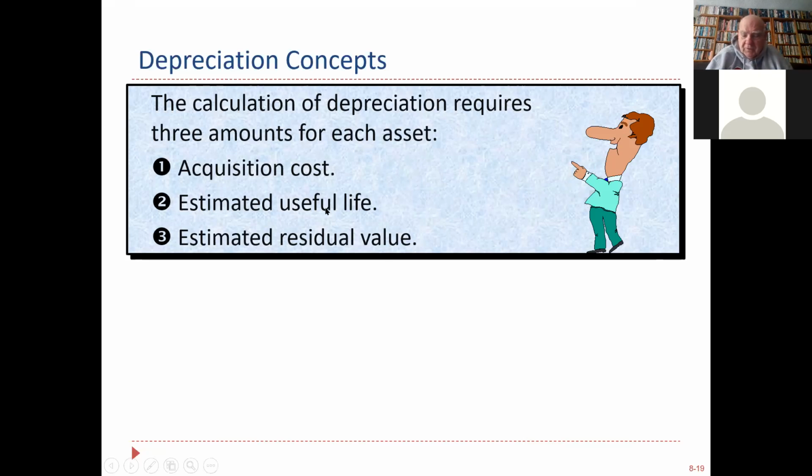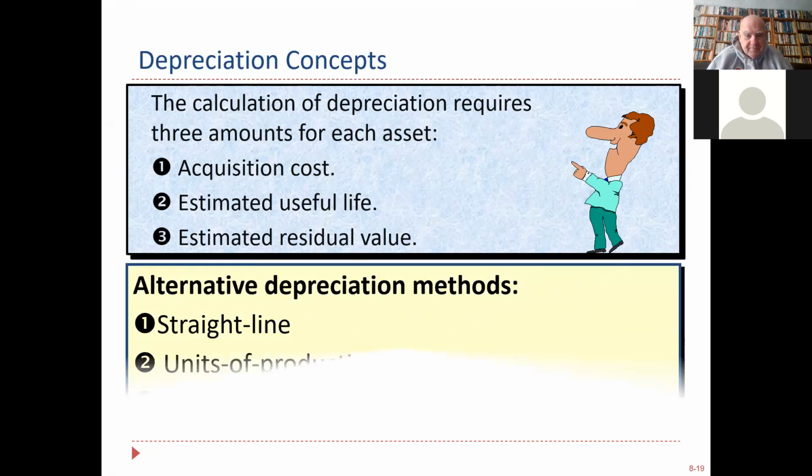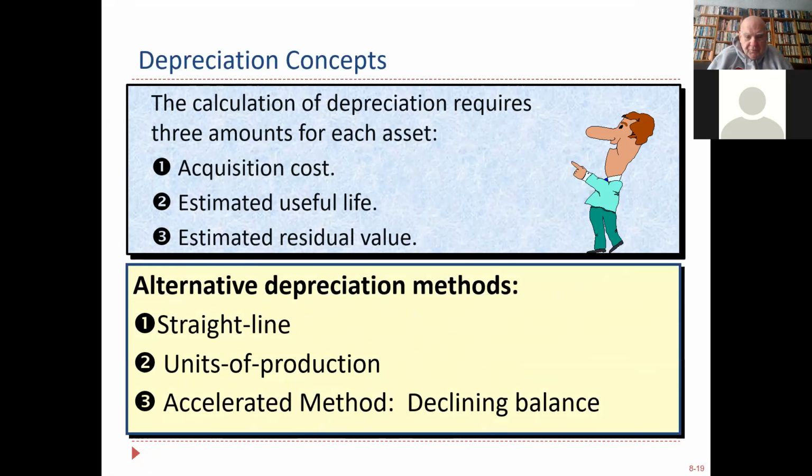We need to know the useful life of the asset. And again, that's an estimate. We're going to guess reasonably how long this asset will last. And the residual value, known as the scrap value, just how much we think someone will give us for this asset after it's fully depreciated.